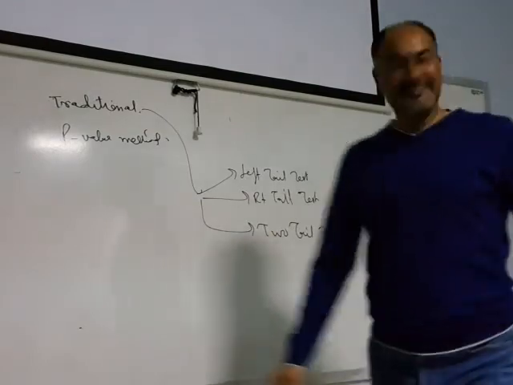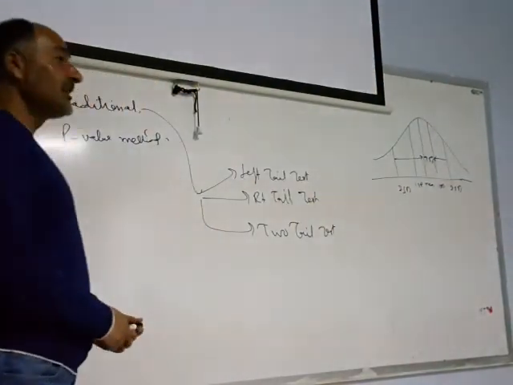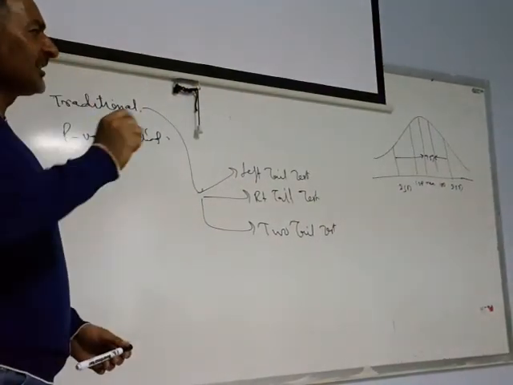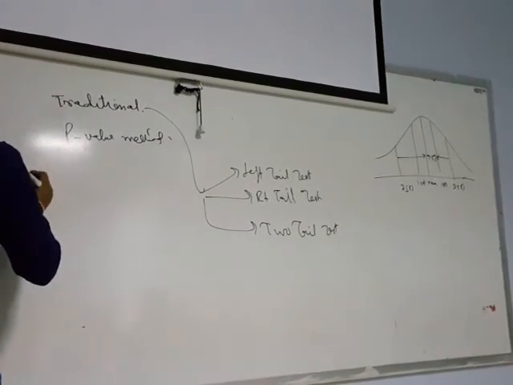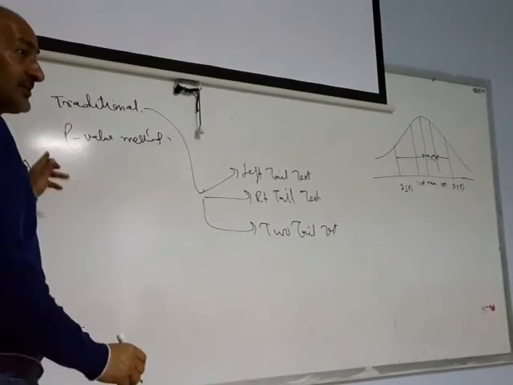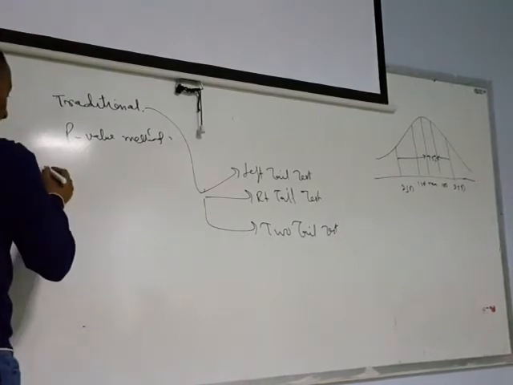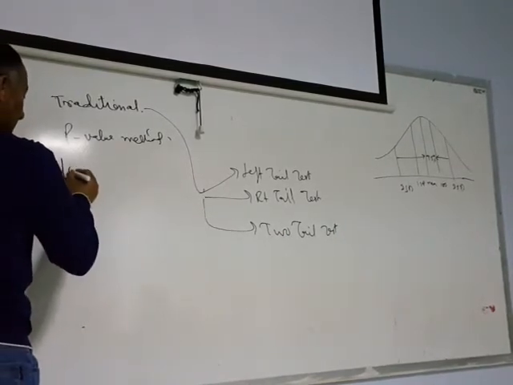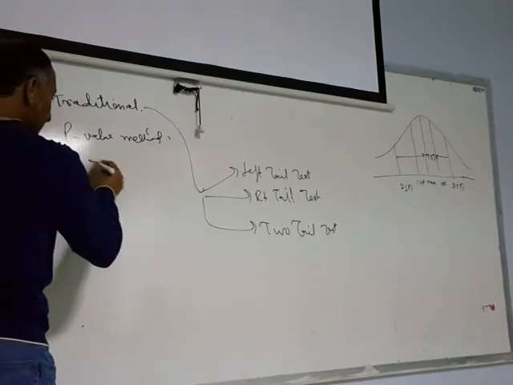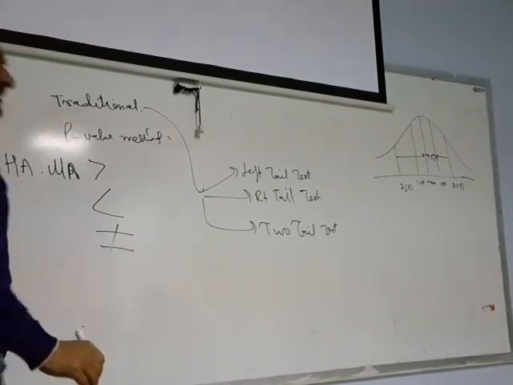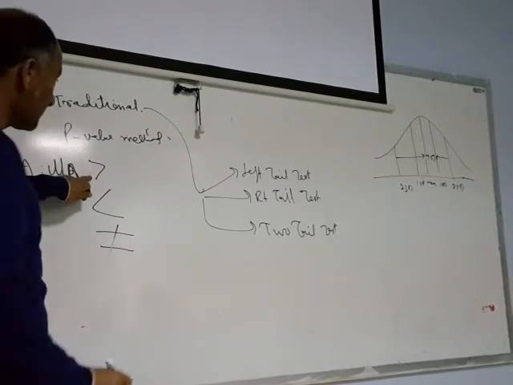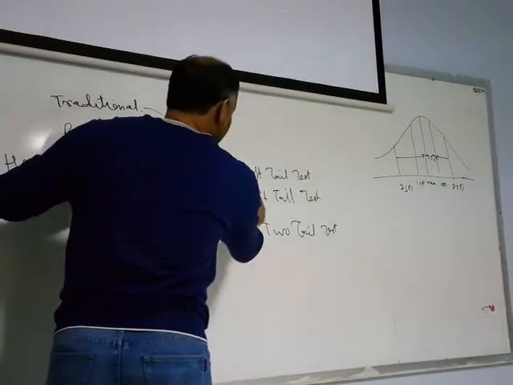Now see, I told you one important thing, I gave you a pointer, but you missed that. I told you we have a null hypothesis and an alternate hypothesis. The alternate tells you whether mu is either more, or less, or not equal. If it is more, I am going for a right side test.